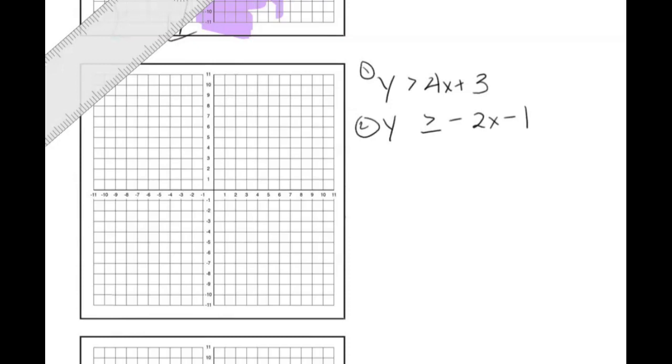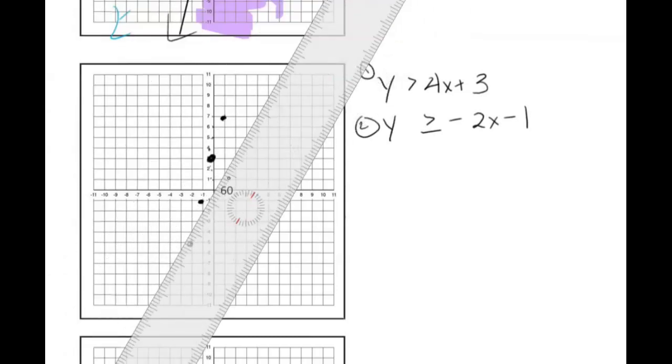We grab the first one. We're going to start at 3, and then we have a slope of 4. Up 4 and over 1, up 4 and over 1, up 4 and over 1. Just do as many dots as you feel like you need to get a good line here.